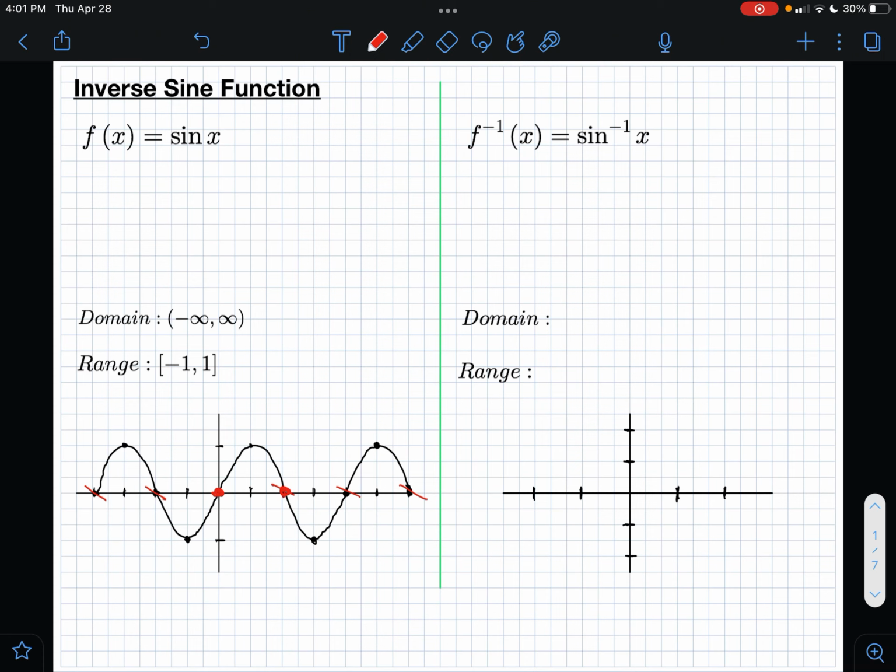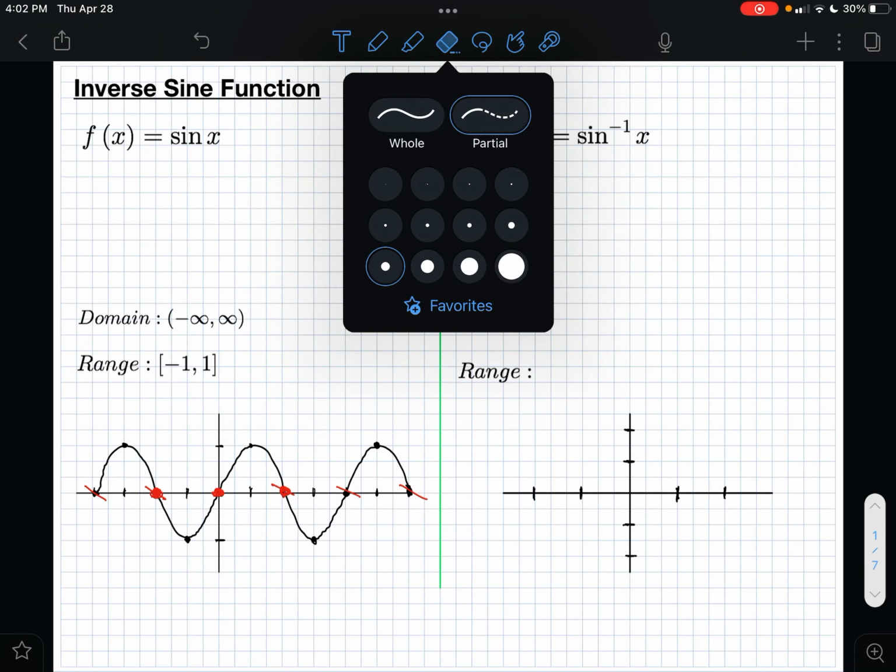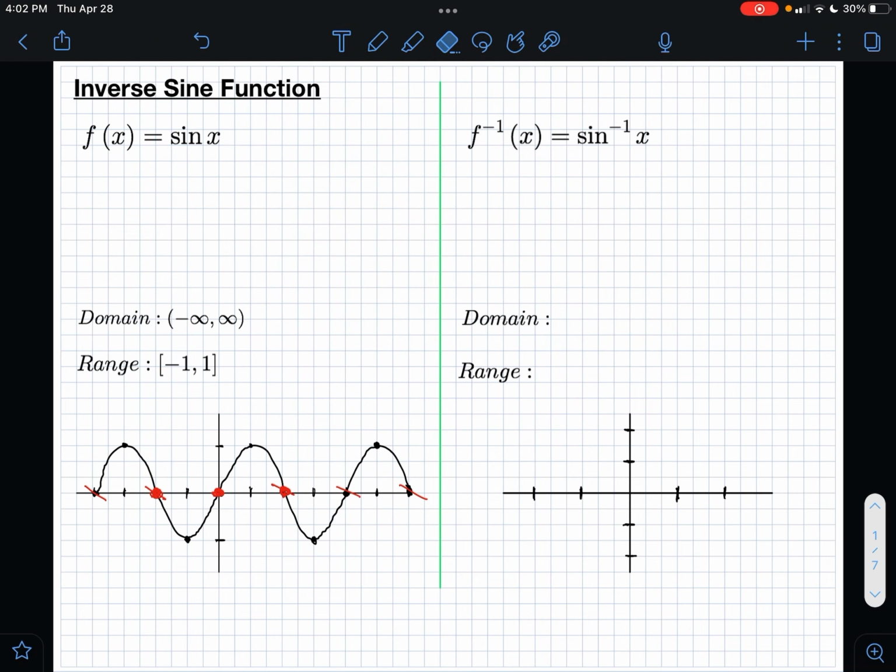We're not even going to be able to reach that point. We might be able to get close to it, but we'd never actually reach it. And the same thing to the left here. And if we can't reach those points, we certainly can't go past them, which means that some of the domain restriction is going to include the idea that we can't get past an x value of pi. And on the other side, we can't get past an x value of negative pi. Now that's just to start.